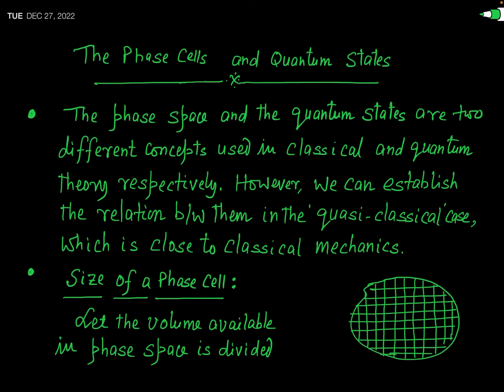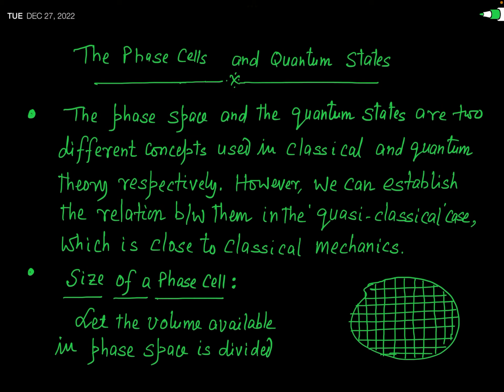And the purpose of dividing the phase space into phase cells is to study the distribution of particles of a dynamical system among these elementary cells, so that we can develop the various relations in statistical mechanics, both in classical statistical mechanics and the quantum statistical mechanics.